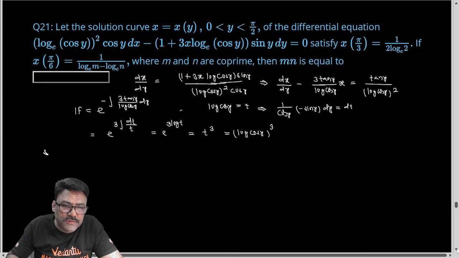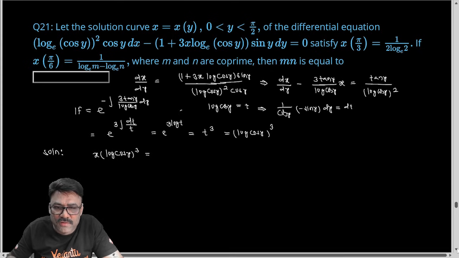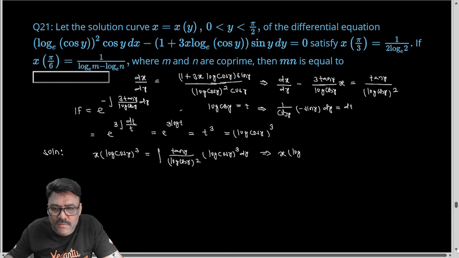Now you can write the solution. On the left side x into integrating factor, and on the right side q into integrating factor. q is tan y over (log cos y) whole square, into (log cos y) whole cube dy. So this becomes x times (log cos y) whole cube, and on the right side tan y log cos y dy.